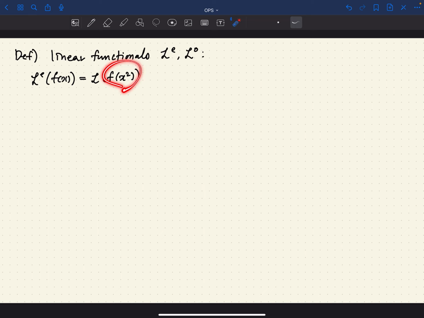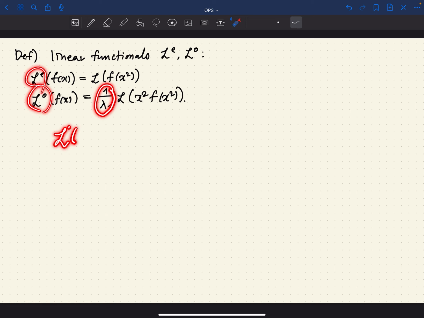Because this is a polynomial, we can evaluate this, and that's the definition. And L_O of f(x) is defined similarly, as x squared f(x squared), like that. So these are the definitions. Actually, we need a factor here, 1 over lambda_1. The reason why we have this factor is that we want them to be linear functionals that send 1 to 1.